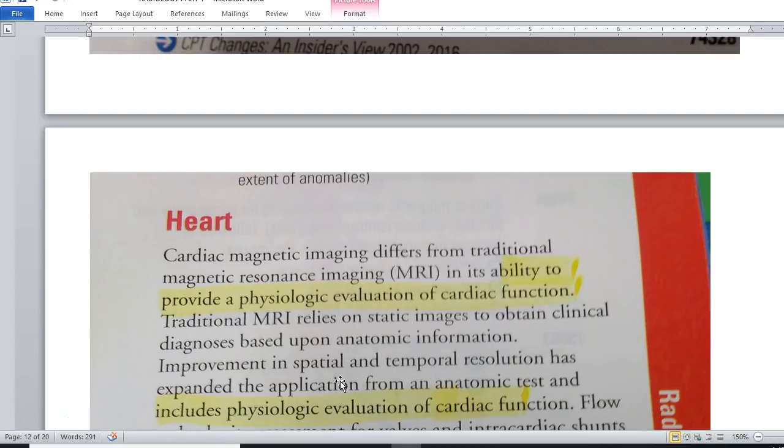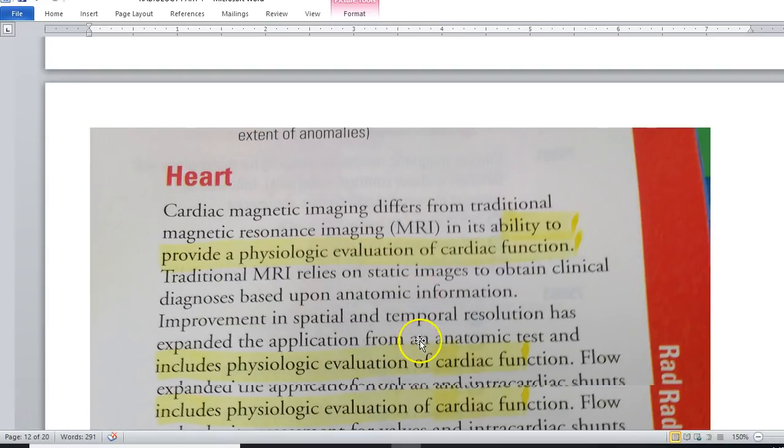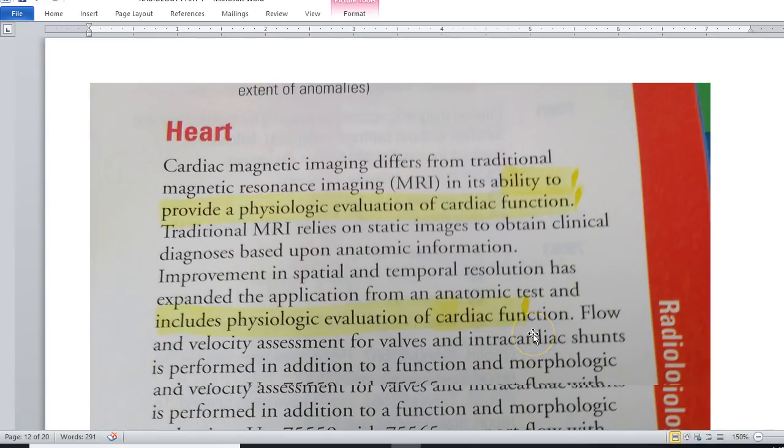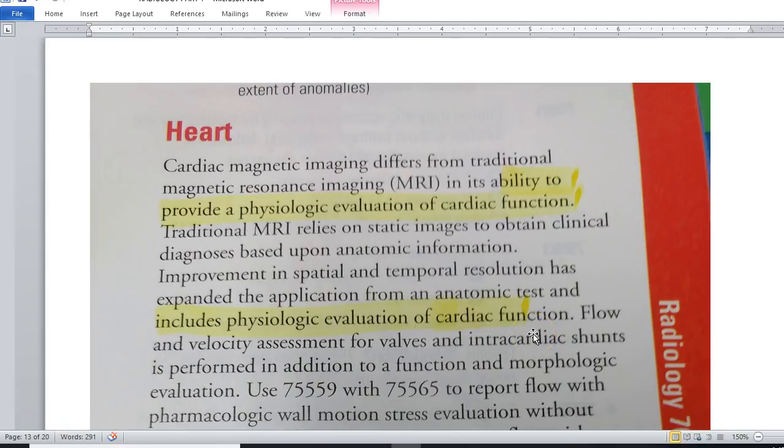Now, as we get through all of the organ systems, we get to the heart, which is separate. And our guidelines tell us why the heart has its own set of guidelines, its own set of codes. It tells us, cardiac magnetic imaging differs from traditional magnetic resonance imaging in its ability to provide a physiologic evaluation of cardiac function.